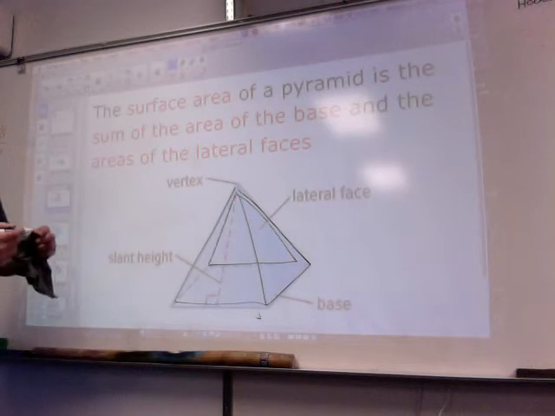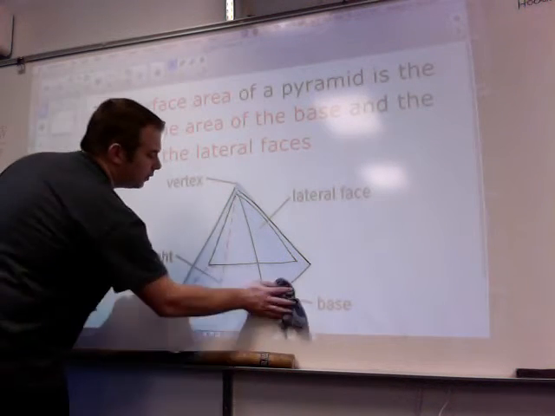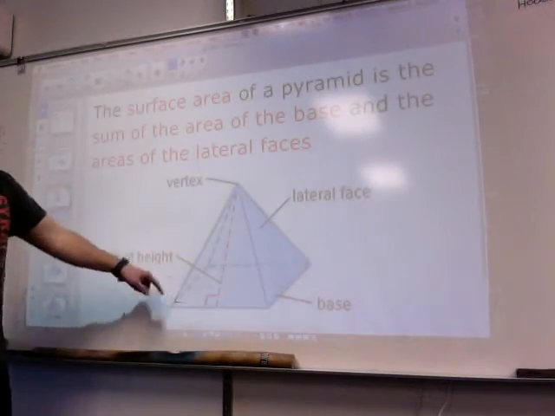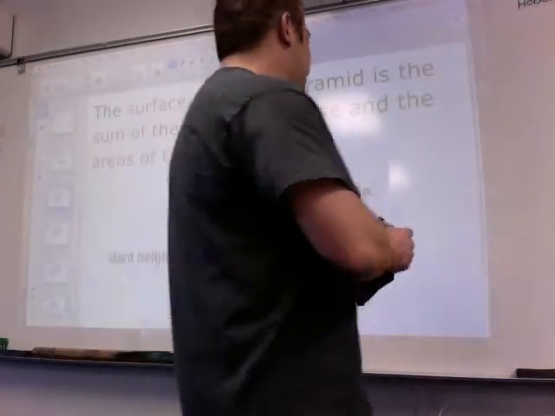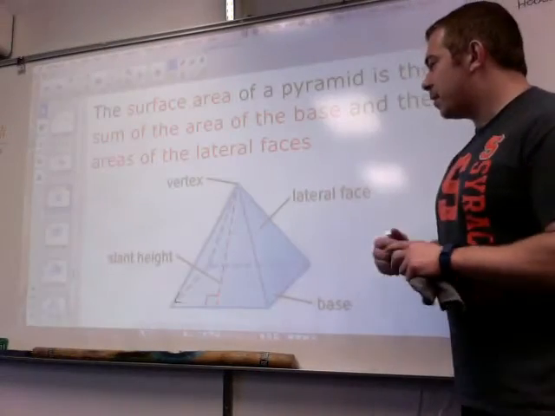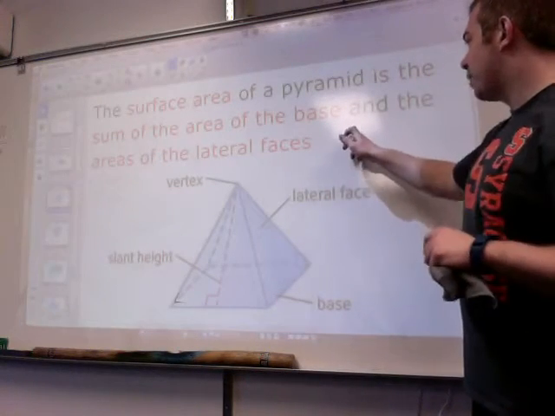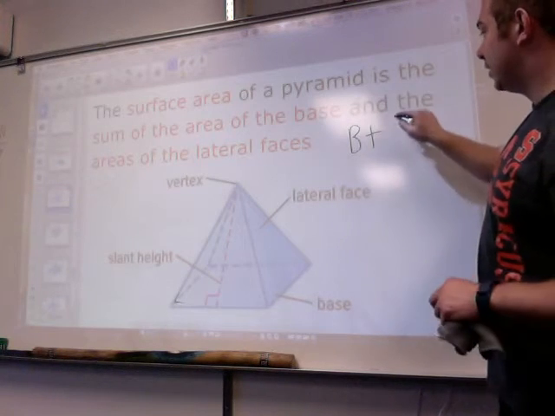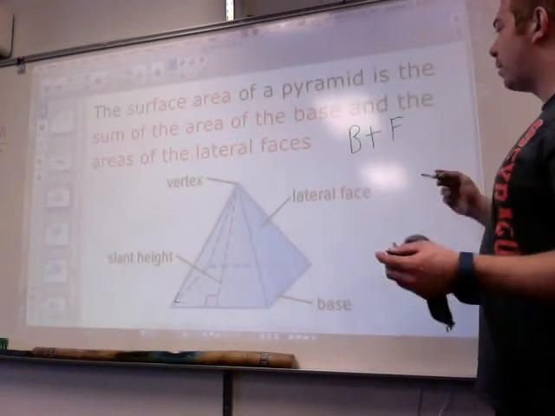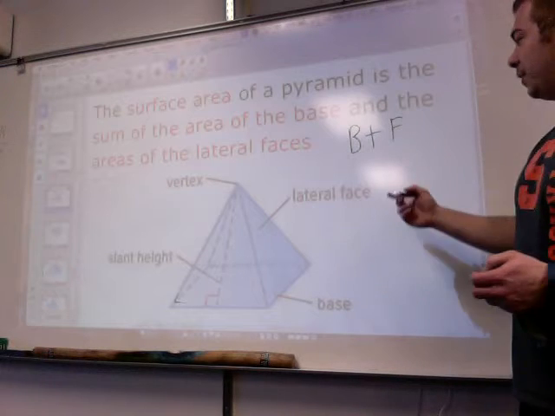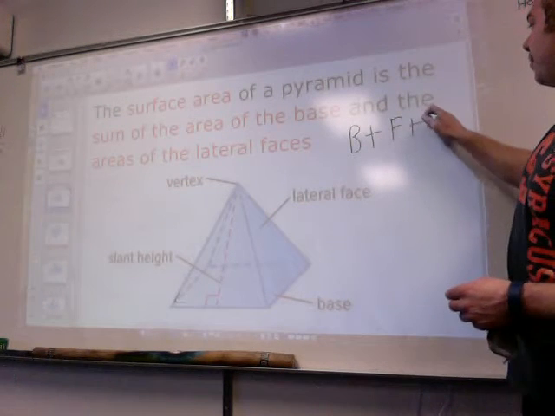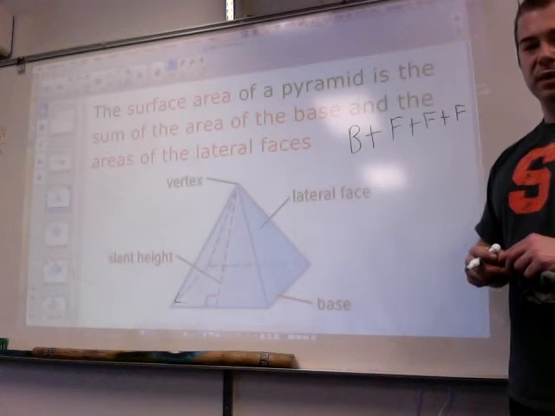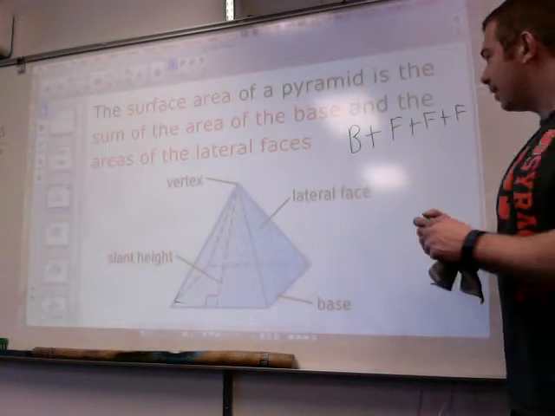Now that looks very weird, but there's 3 lateral faces and 1 base for this figure right here. So once again, here's the formula for the surface area of a pyramid. You're going to take your base plus your faces. Now, your lateral faces depend on how many faces you have. There could be plus 3 faces, but there could be 4 possibly or more. Okay? At least 3.